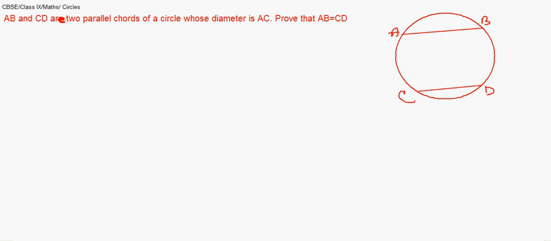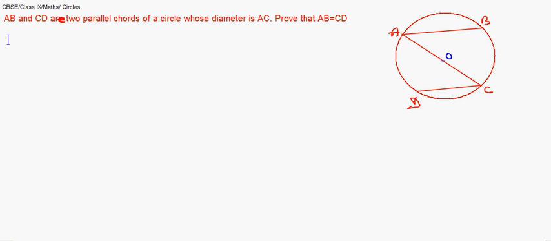Oh, it says AC is the diameter, so I can just simply change this to and write CD here. This is the diameter, so I can mark this point as O, which is the center. We now have to prove AB equal to CD.